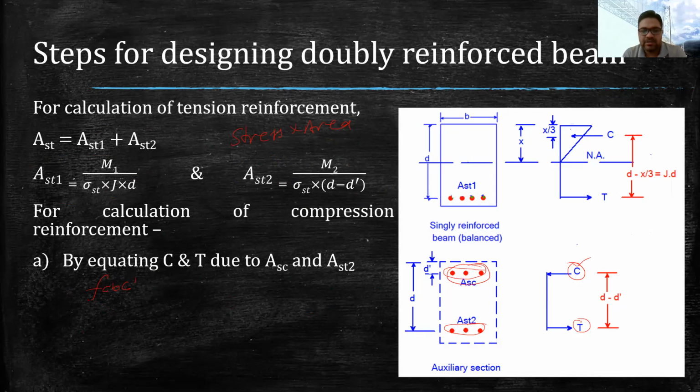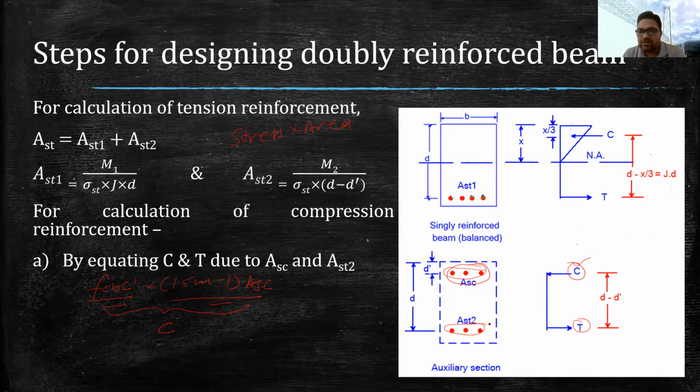I hope you remember in the previous lecture I used this value FCBC dash for the stresses in the compression steel. And the area of the ASC in terms of concrete, which we call equivalent area of the concrete, we will write here, which will become 1.5 m minus 1 into ASC. I have also explained how this equivalent area of the steel in compression arrived. So this becomes stress into area of steel, and this becomes the value of C.